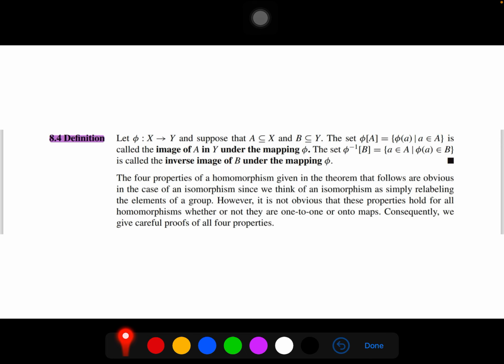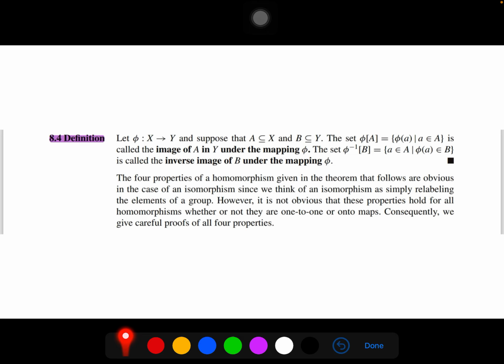The set where we take all the elements of the subset A and send them into the mapping phi. This subset is what we call the image of A in Y under the mapping phi. The definition is a bit long. So this is the image of the subset A, in the codomain.